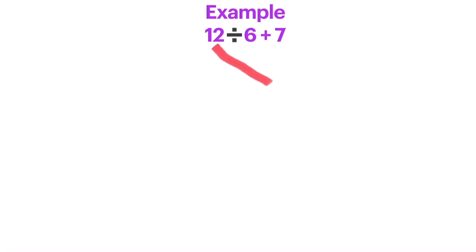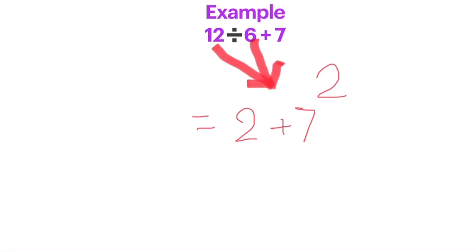So 12 divided by 6 equals 2. Now our second step is 2 plus 7 equals 9. So our final answer is 9.